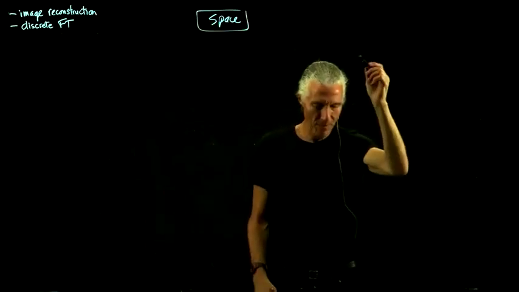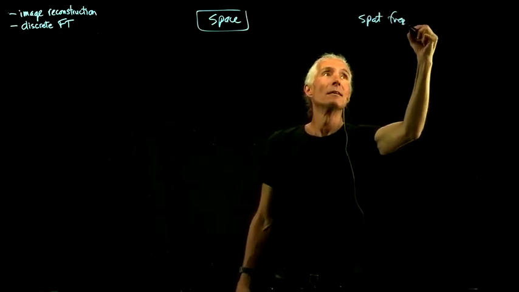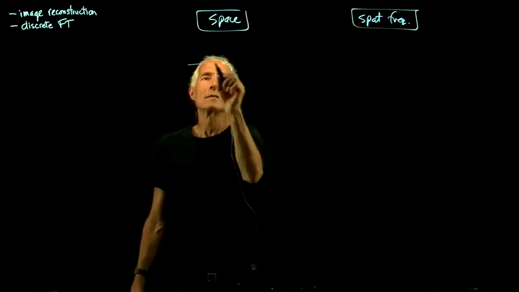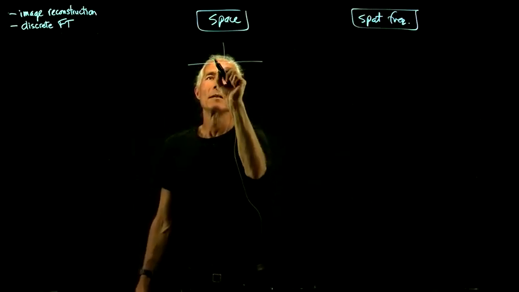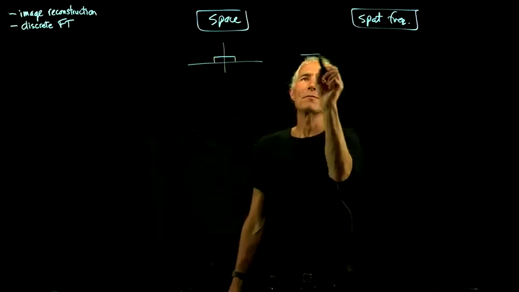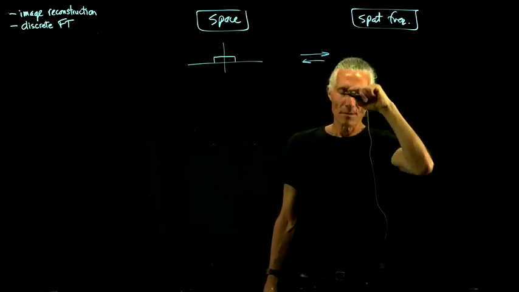and spatial frequency on this side. So if we have our brain in space, and when we Fourier transform that, that's a rect-like function, sort of like a rect function.